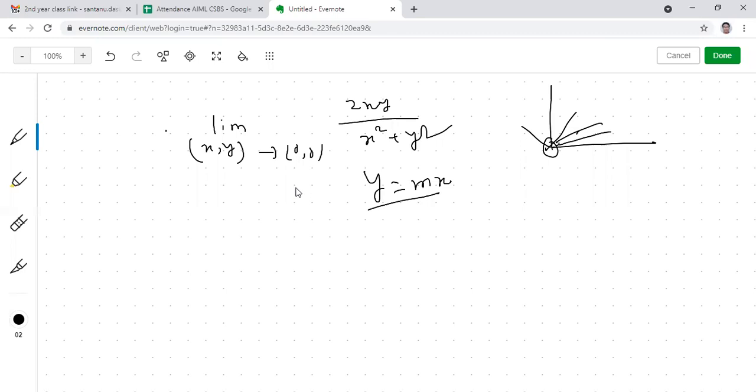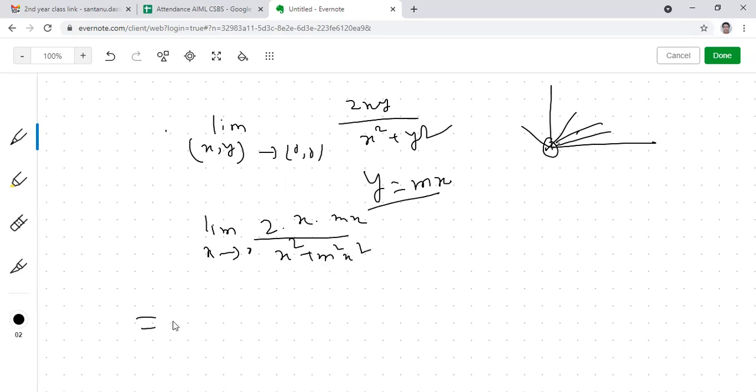Now if I substitute y in terms of x, since there are two variables y and x, this will depend on x only. So this will be limit x tends to 0 of x times mx, which is x square plus m square x square.